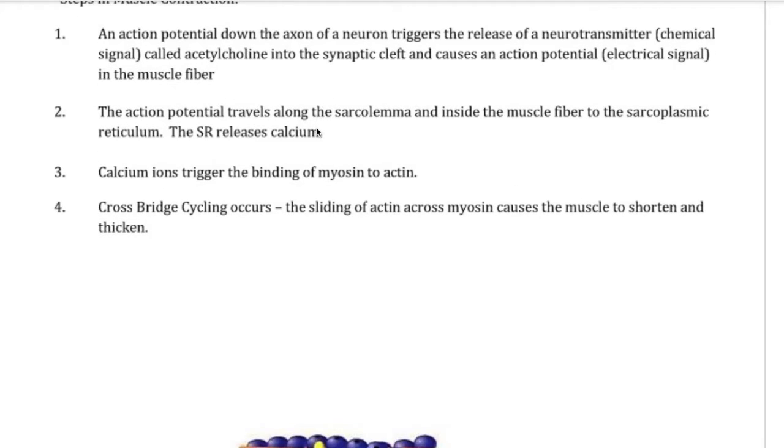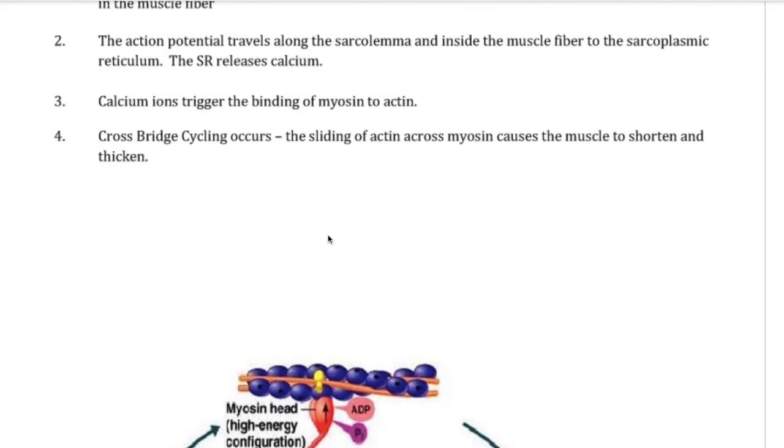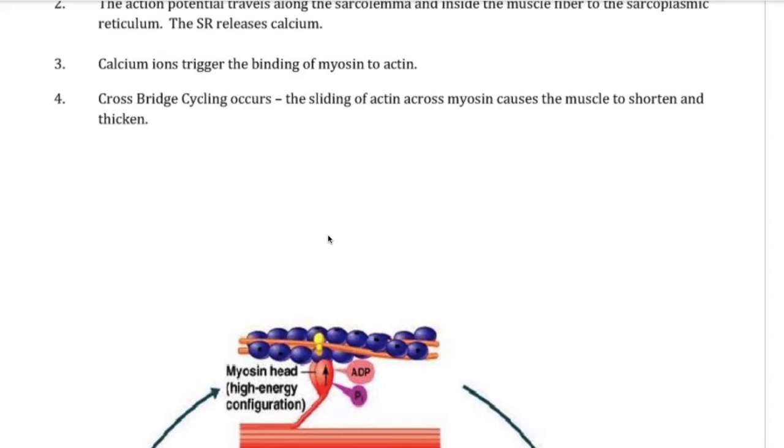The action potential travels along the sarcolemma and inside the muscle fiber to the sarcoplasmic reticulum, and the SR is going to release calcium. Calcium ions trigger the binding of myosin to actin. Then cross-bridge cycling occurs, and the sliding of actin across the myosin causes the muscle to shorten and thicken along that M line.